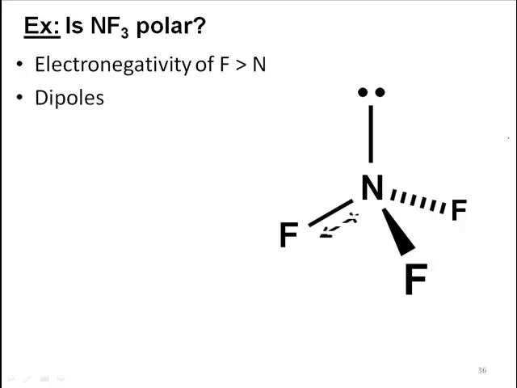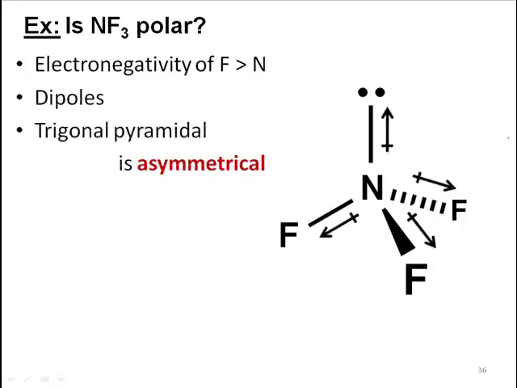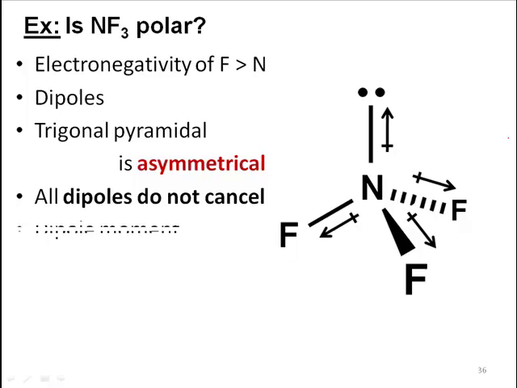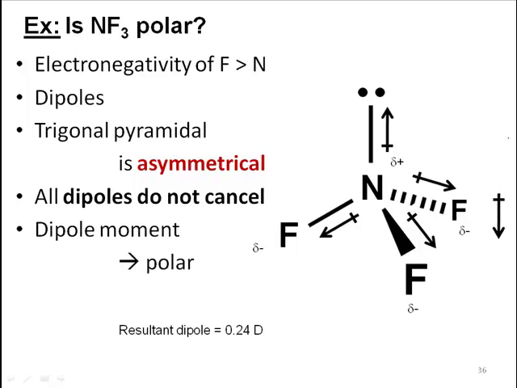F is greater than N. It has dipoles. It's asymmetrical still. Dipoles do not cancel. It is polar. The resultant dipole is only 0.24 debye, a lot less than NH3 was. So this molecule has less of a dipole moment than NH3 does.